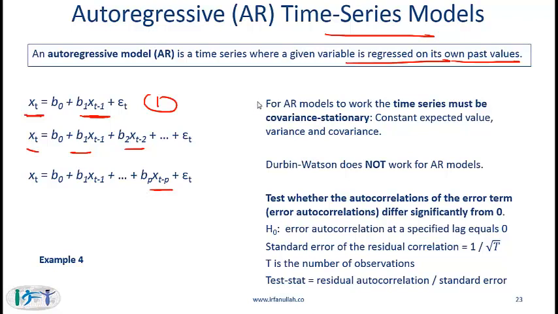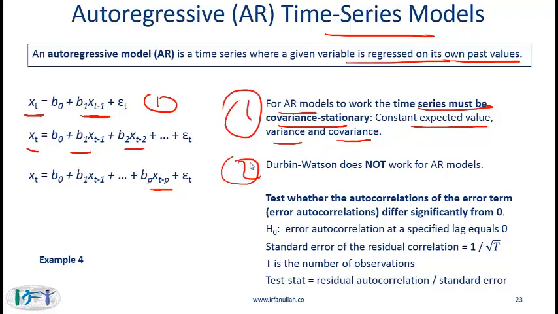Some points to keep in mind. For autoregressive models to work, time series must be covariance stationary. And what are the 3 things that hold true when data is covariance stationary? Constant expected value, constant variance, and constant covariance. So remember this point.